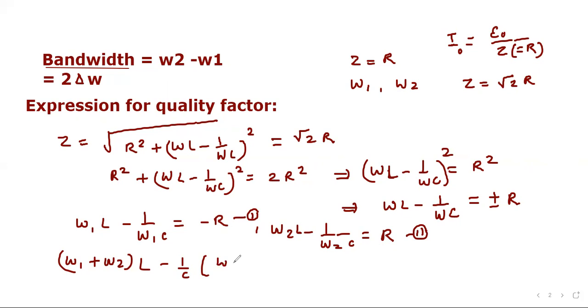So we can take LCM: (omega 1 plus omega 2) divided by (omega 1 times omega 2) equals 0. Now from here, we can divide each term by omega 1 plus omega 2. So what do we get? We will get L minus 1 upon C times omega 1 omega 2 equal to 0. So let's write it clearly.